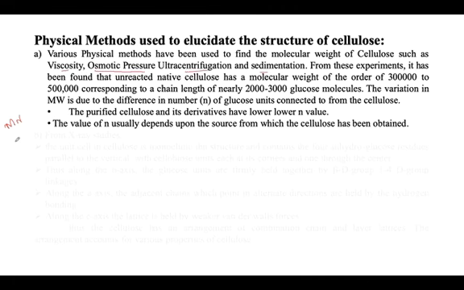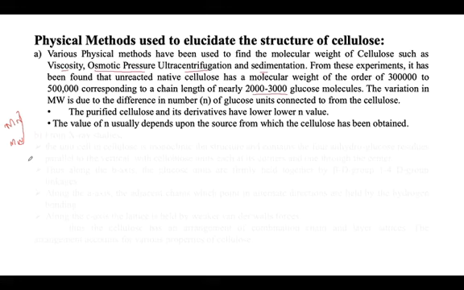That is the weight average molecular weight, Mw. All four methods have been employed for identifying the molecular weight of these molecules, and it has been found that the molecular weight is around 300,000 to 500,000, corresponding to a chain length of around 2,000 to 3,000 glucose molecules.